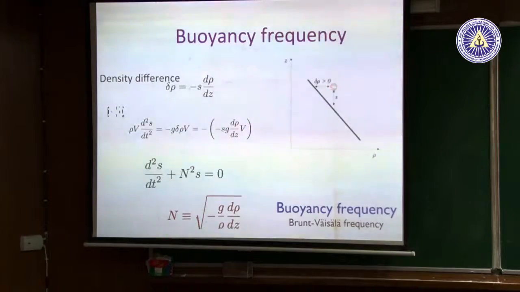And because it's heavier, there's a force acting on it, and there'll be an acceleration. How much heavier is it? Well, the difference in density is going to be this distance s times d rho dz. And there's a higher order term, but we'll forget about that. That'll do quite well enough.